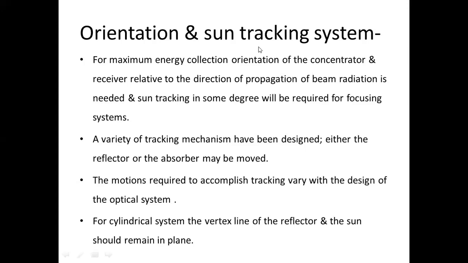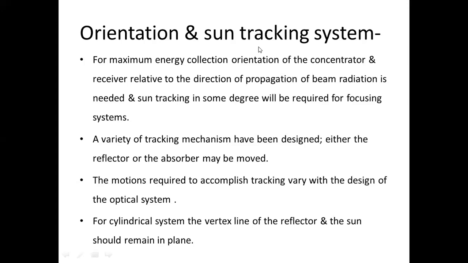So it is necessary to match the angles or track the sun to some degree for a focusing system. If we want to achieve the maximum amount of radiation, for that reason we have to track the sun. So how to track?